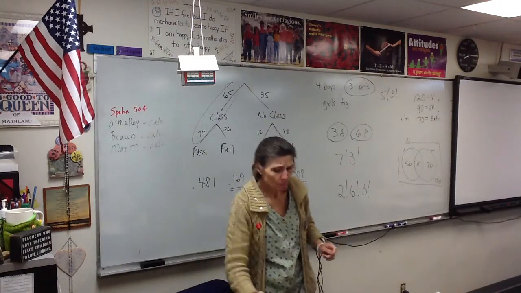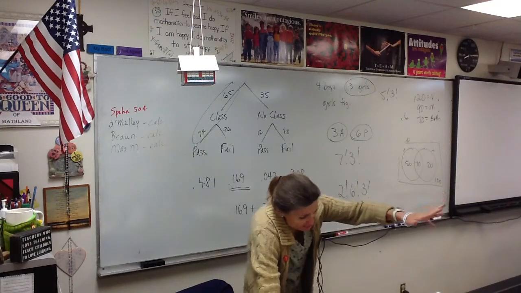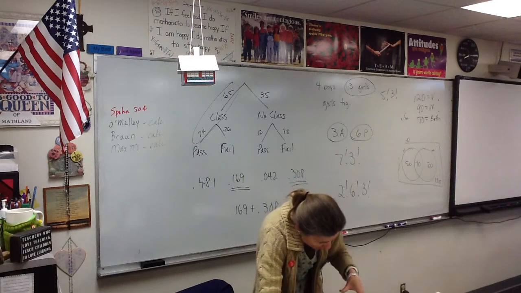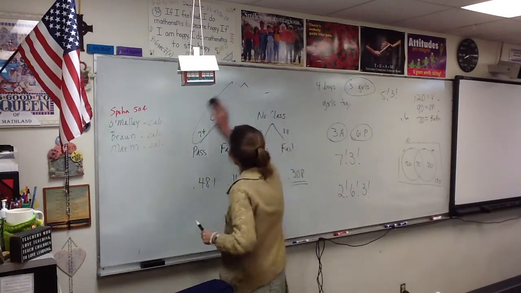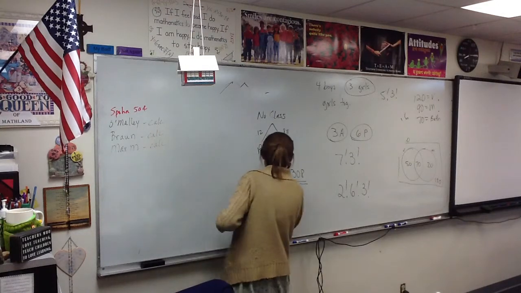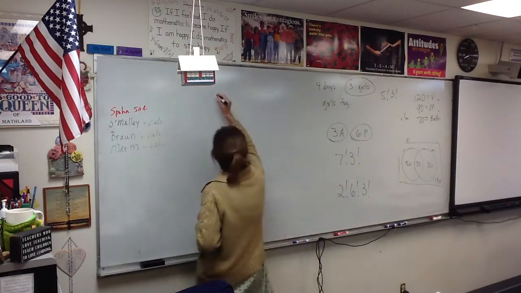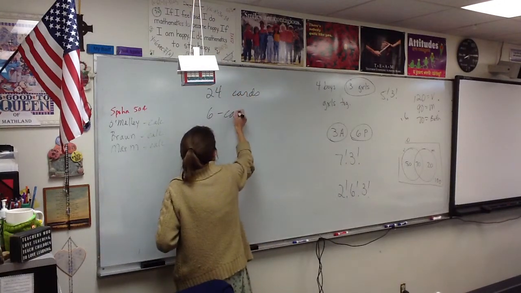Okay. Listen, we're doing number 25 from the homework. Now, this is a different situation. This is a different kind of weird card game. The deck contains only 24 cards, and the hand is 6.